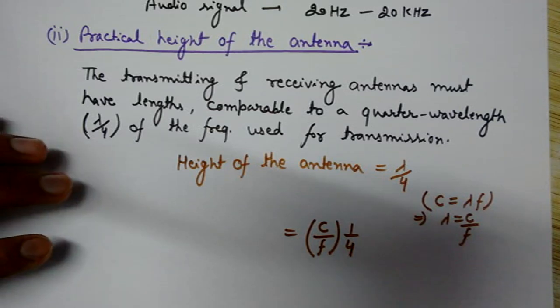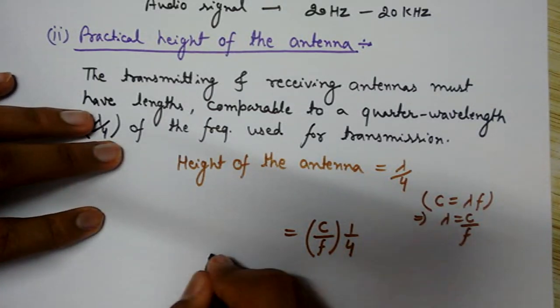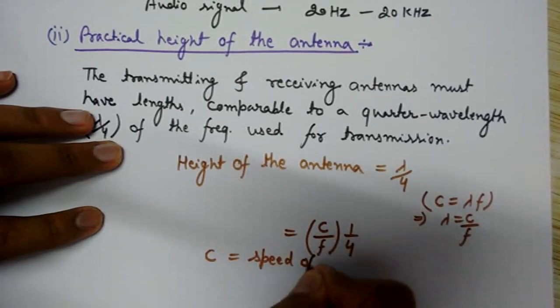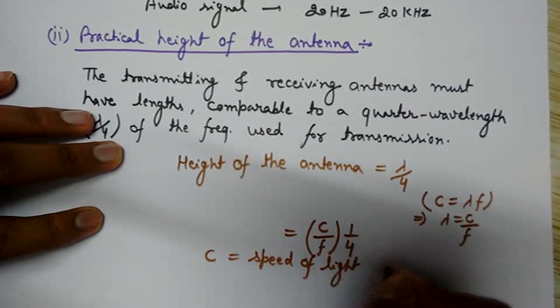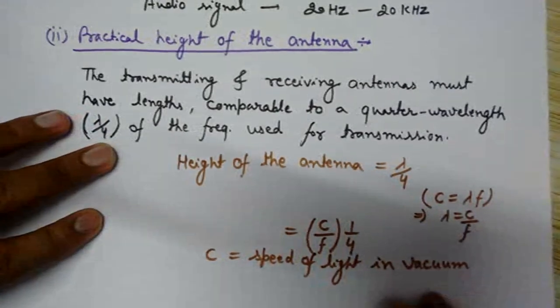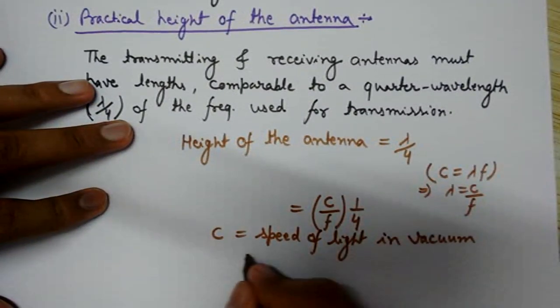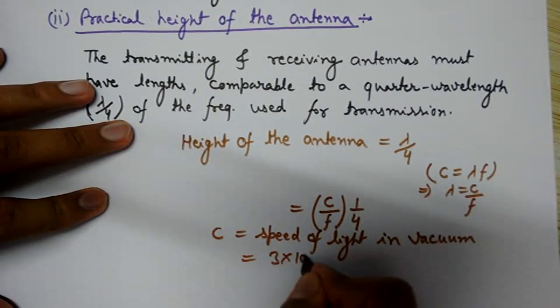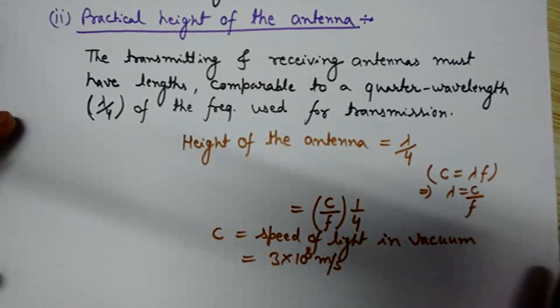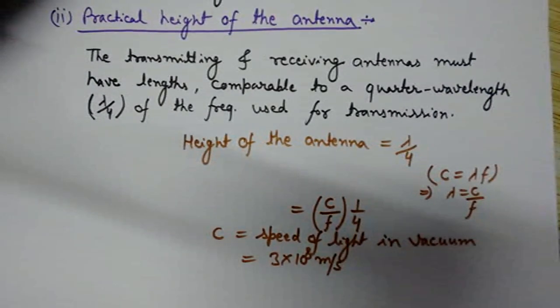So here, what is c? c is the speed of light in vacuum. Its value is equal to 3 into 10 raised to the power 8 meters per second.